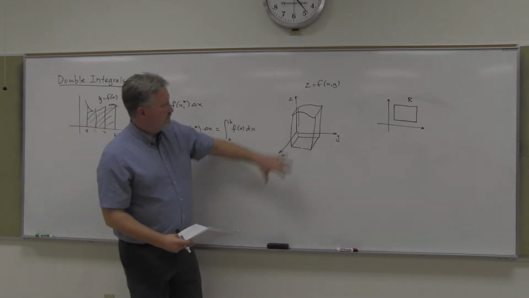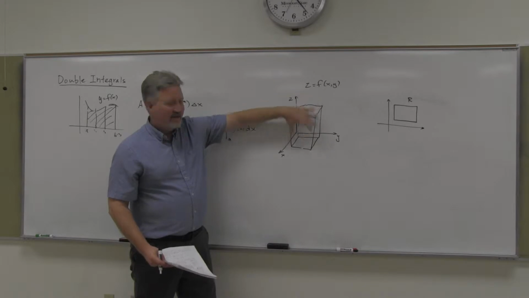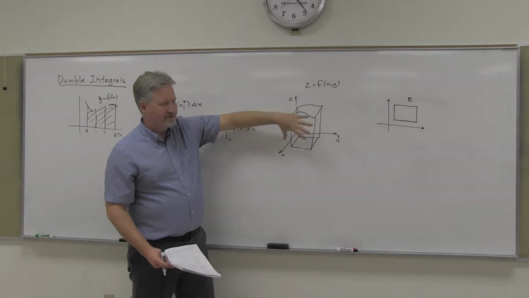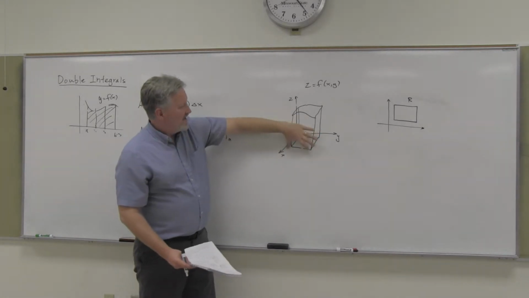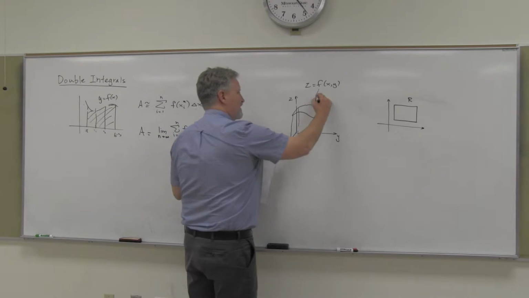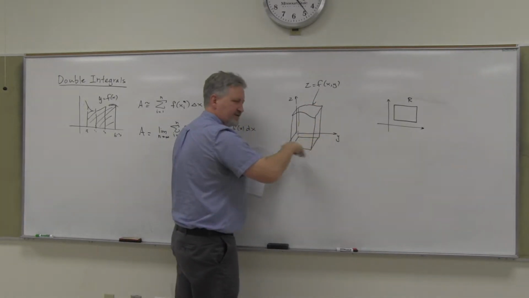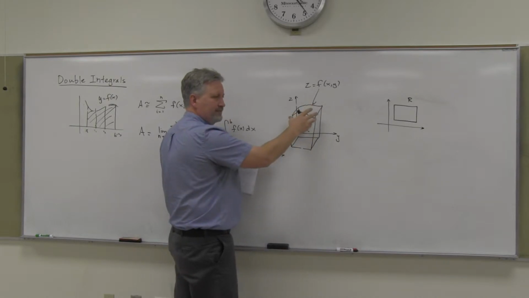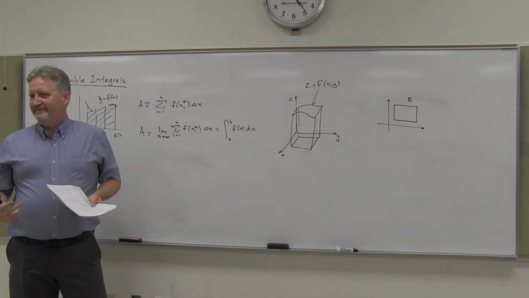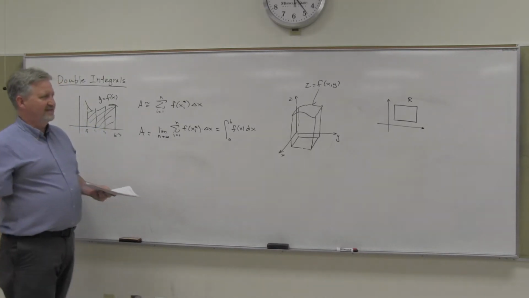And so what I'm going to do is find this volume from the surface above this rectangular area. We're going to start with the rectangular area anyway. And I'm going to find that volume from, this is my curve, so I'm finding that volume from the XY plane up to the surface. That's what I'm going to try to approximate here and calculate eventually exactly.